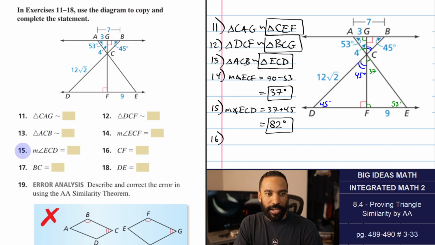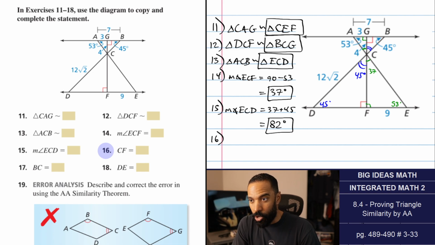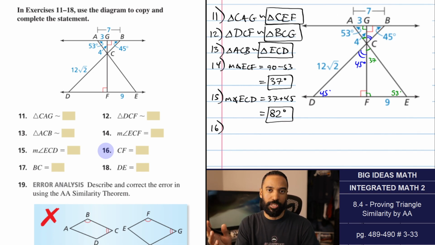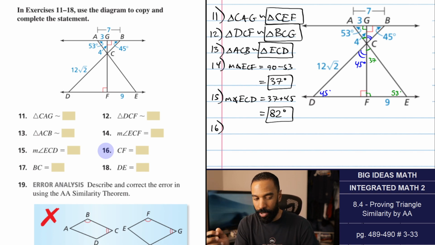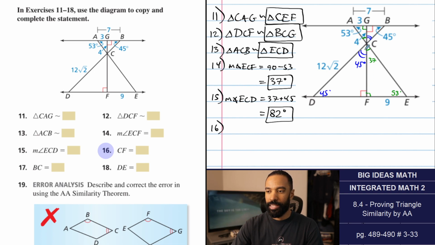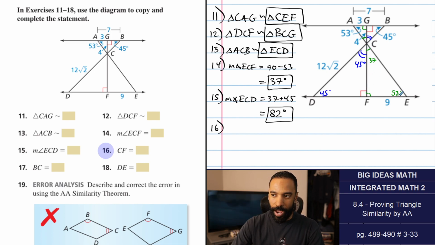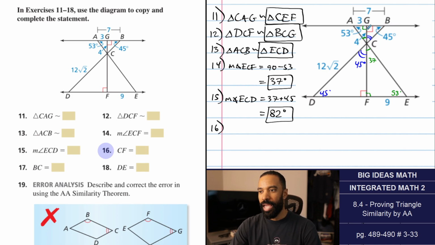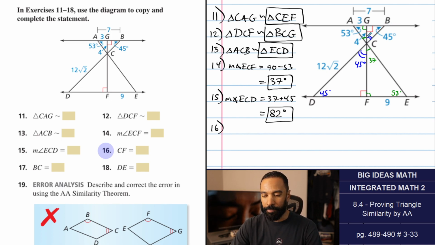The last ones are side lengths. Now, this is not so much about angles anymore. Now that we know of the similar triangles that we have, this is about proportion buildups that we started to do in section 8.3. The length of segment CF, right here, is an altitude in this triangle that's similar to this triangle here that has another altitude, and this altitude's length is 4.